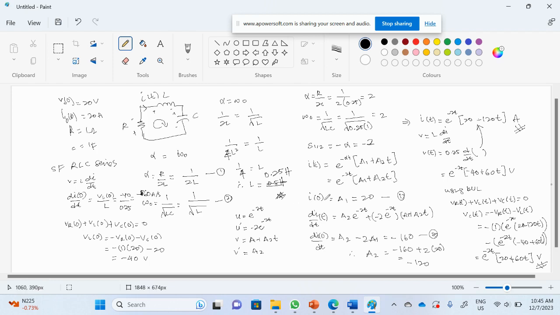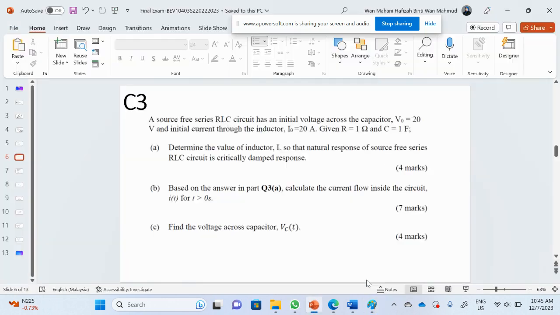And selesaikan. v(0) apa? dv(0)/dt apa? And then samakan, cari A1, A2. You sepatutnya dapat jawapan yang sama lah dengan yang ni. Exponential negative 2t, (20 plus 60t) volt. Itu memang jawapan dia.